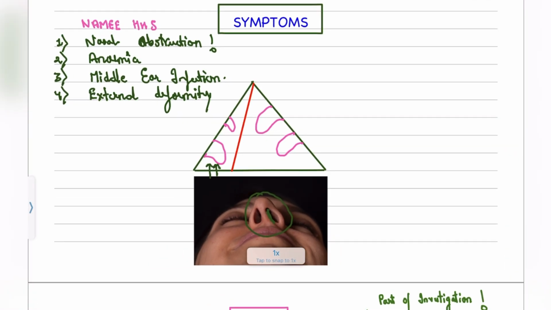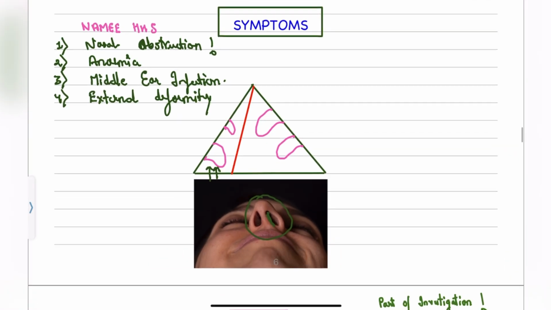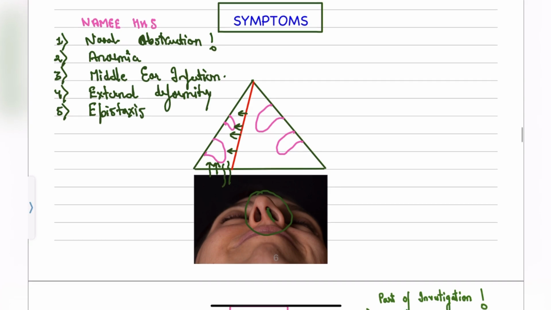Thus, DNS leads to external deformity, and it's a symptom. Then fifth, we have bleeding, that is epistaxis. When the nasal septum rubs on the turbinates and the floor and the roof of the nose, it leads to bleeding. From H, we have headache.